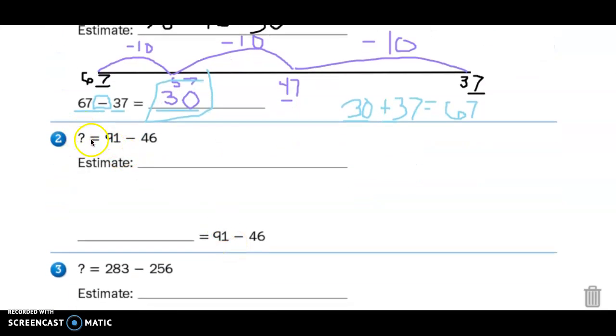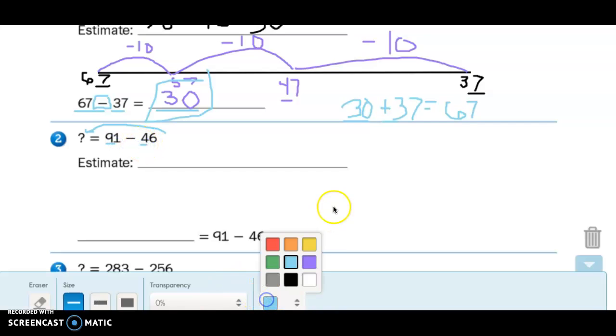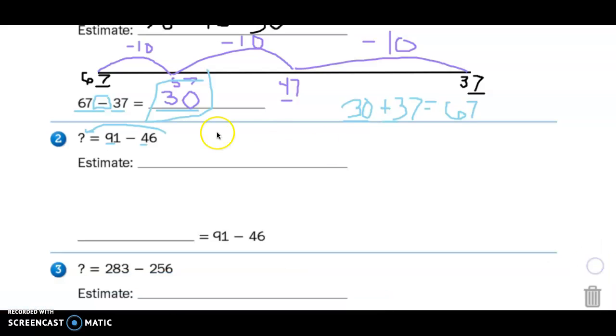Okay. It's funny that we have the equal sign over here, but remember, that's like saying 91 minus 47. We always read left to right. Equals what? But we need to estimate, and again, we're going to the tens place because we don't have the hundreds, and the number before tells us how to round.